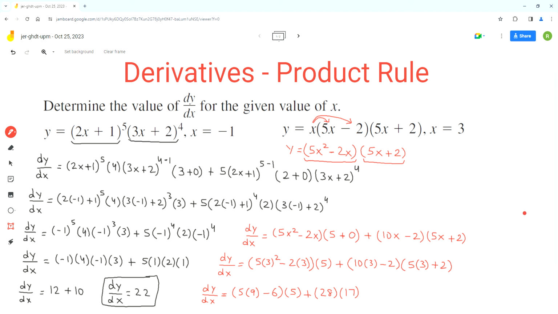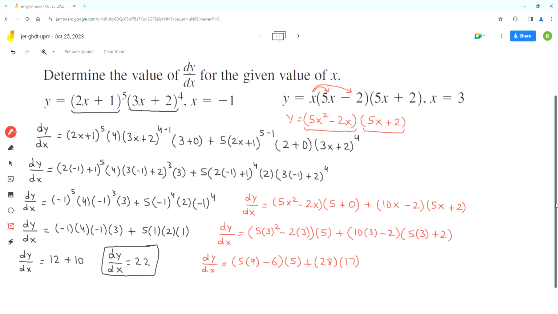Now in the next step we can simplify this expression further. So we get dy over dx equals, so 5 times 9 is 45, and 45 minus 6 is 39. So 39 times 5 plus, and now we can do 28 times 17, which is equal to 476.